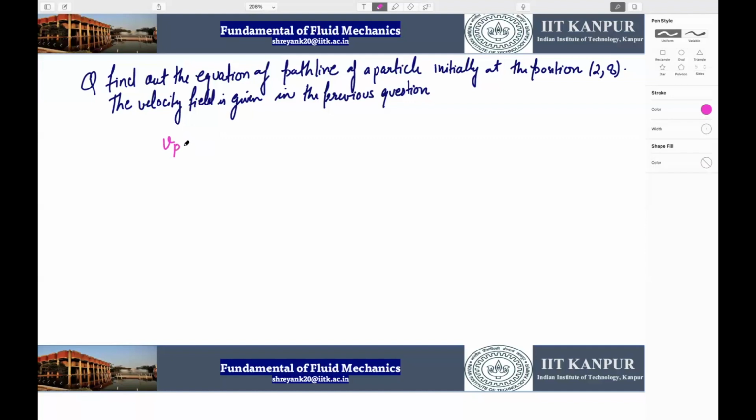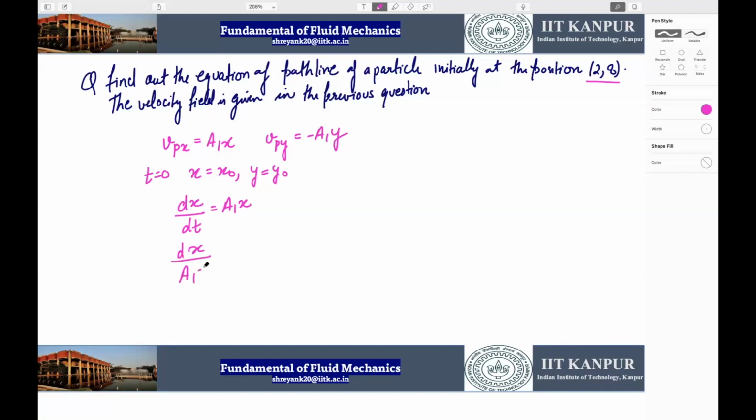So vpx is a1x and vpy is minus a1y, and at t is equal to 0, these particles are at x is equal to x naught and y is equal to y naught, and here x naught and y naught are 2 comma 8. So dx by dt is a1x.